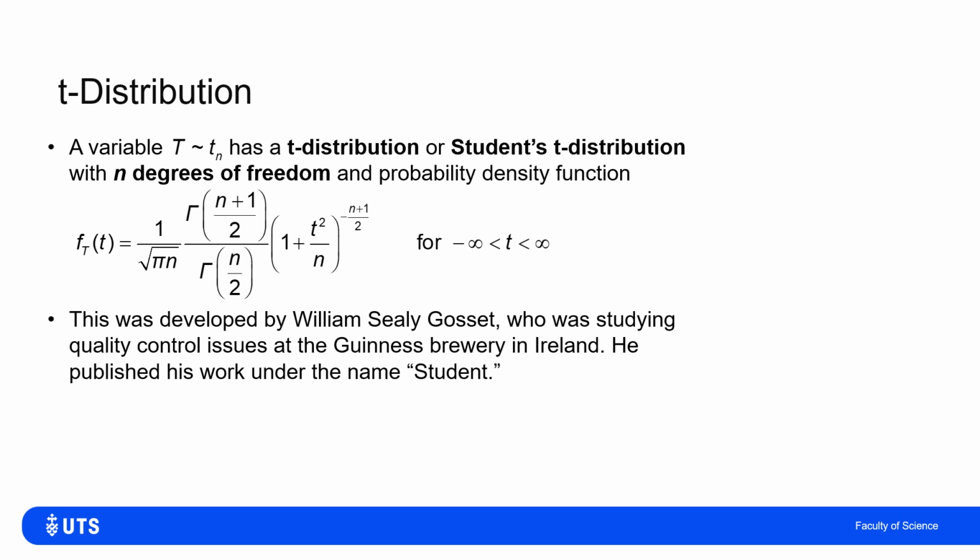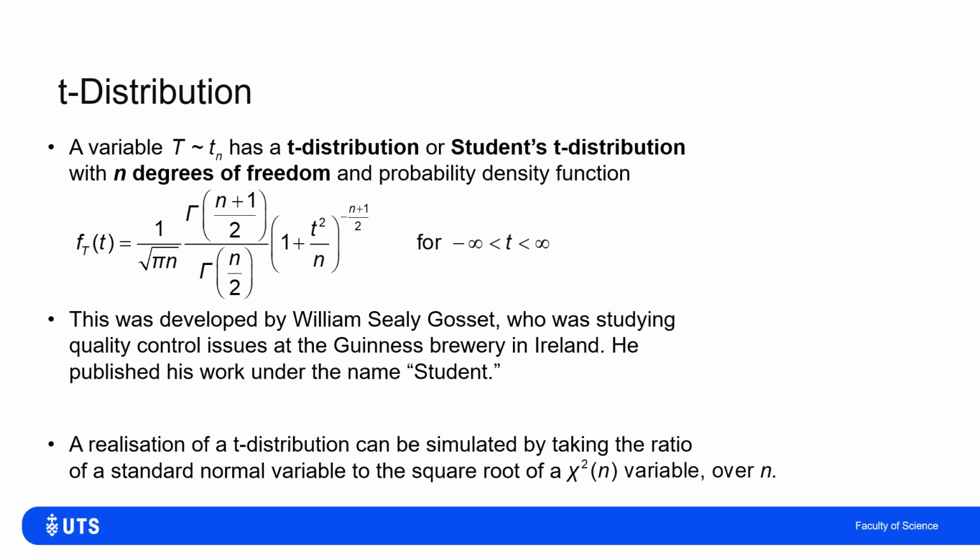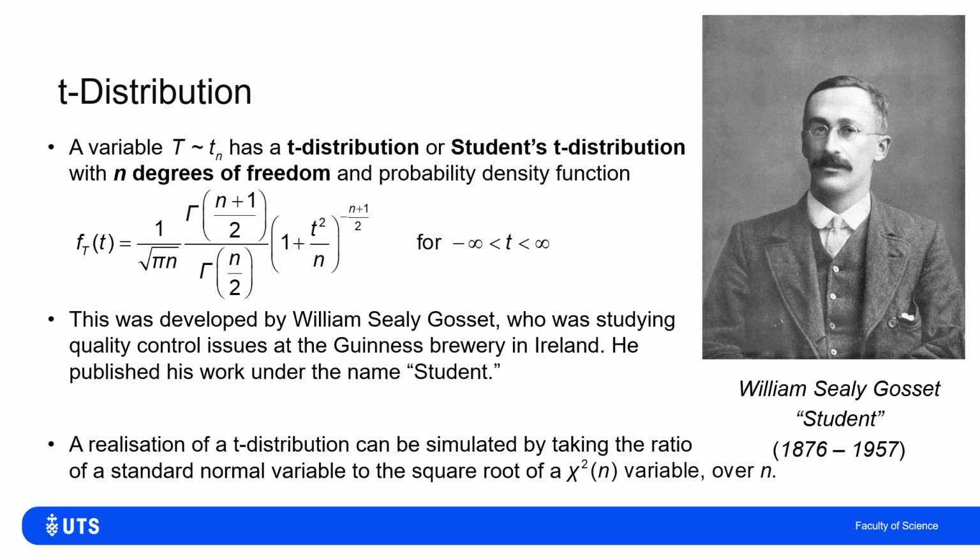Instead, he wrote that this was written by a student, or the student. Not sure why. So a t distribution is just a standard normal divided by the square root of a chi-squared n divided by n. And that is the somewhat eccentric man who liked to control the quality of beer.